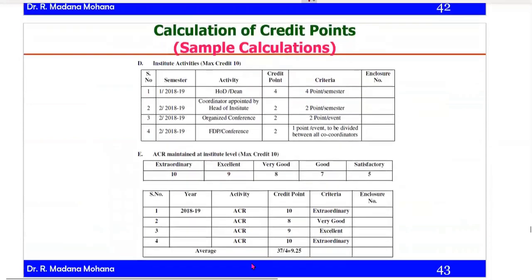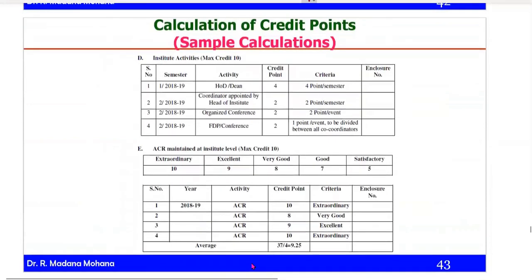Then next, institute activities. Maximum weightage is 10. For example, institute level activities include HOD or Dean, coordinator appointed by head of the institute, organized conference as a coordinator, then FDP or conference conducted.